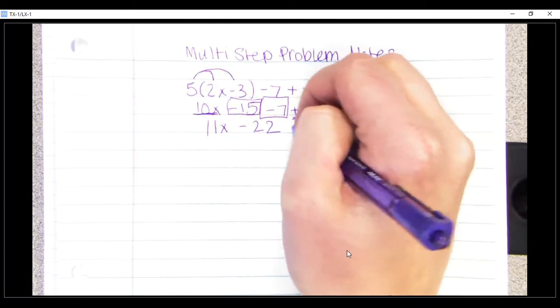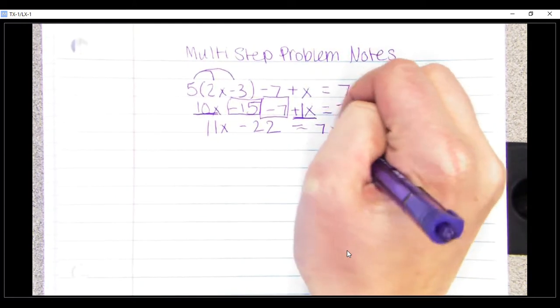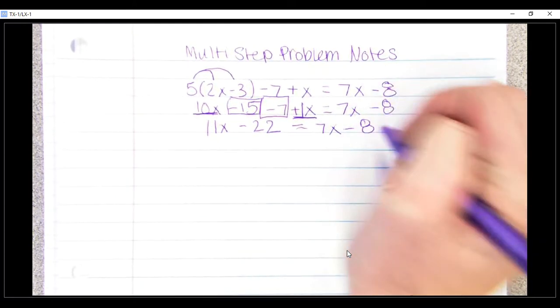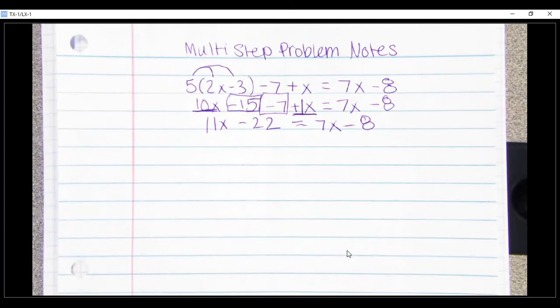So all I'm going to do is just continue to rewrite it. Great, I've taken something that's very long and I'm kind of shortening it down. Also, if you do not have anything to combine on one side of the equal sign, then that's fine. Just move on to step 3, which is what we're going to be doing next.